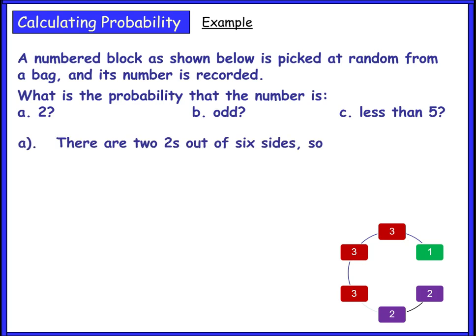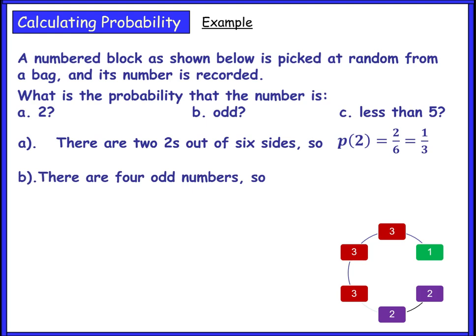So P(2) is 2 out of 6, which you can simplify to a third. Odd: the probability that it is odd. What are the odd numbers there? 1 and 3. It's 4 of them out of 6. Can we simplify 4 out of 6? Yes, to 2/3.